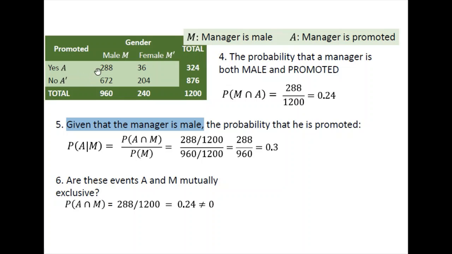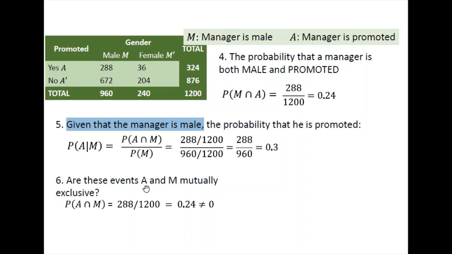So the probability of male is 960 divided by 1200, and the probability of A intersection M, it means male and promotion, male and yes, is 288 divided by 1200. So the probability is 0.3.